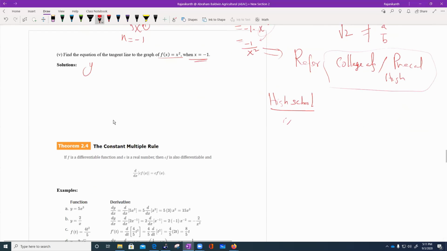If you are given a point and you know the slope of the line, so this line is passing through a point. Then how do you write the equation of the straight line? The equation of the straight line is simply y minus y1 equals slope times x minus x1. You remember this formula you learned?